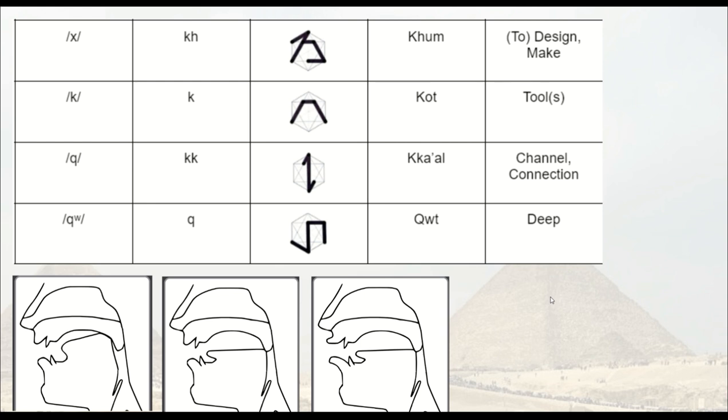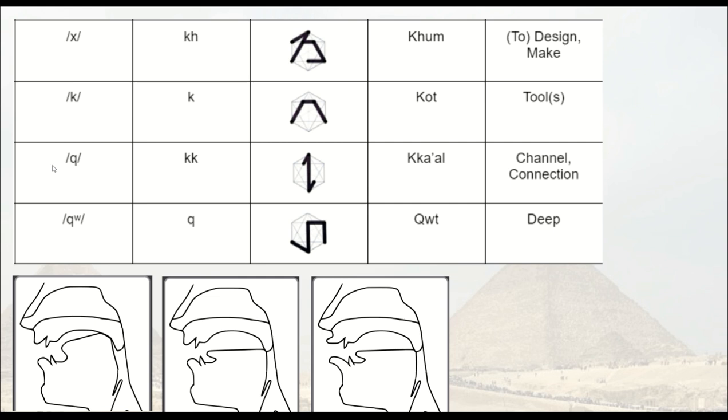Now for the final set of consonants, we have h, meaning to design or make, and the way to produce this is similar to a k sound, in the same place where you put the back of your tongue. Now we go with k, which means tool or tools.